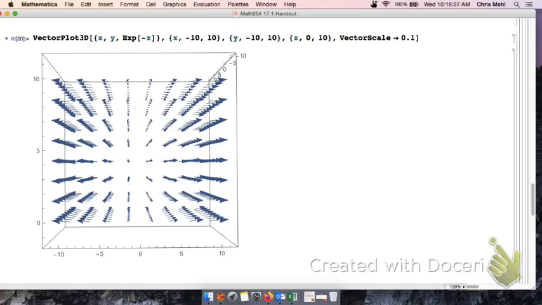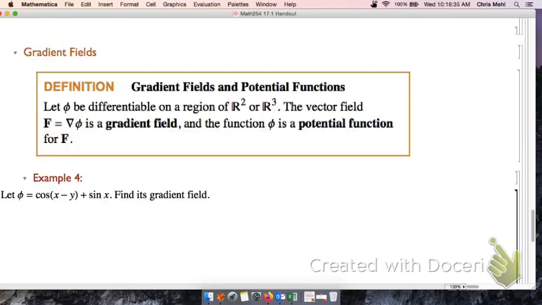Okay. Anyways, there's a cool example of a three-dimensional vector plot. Okay. Now, one thing this is going to become a lot more useful later on is talking about gradient fields and potential functions.